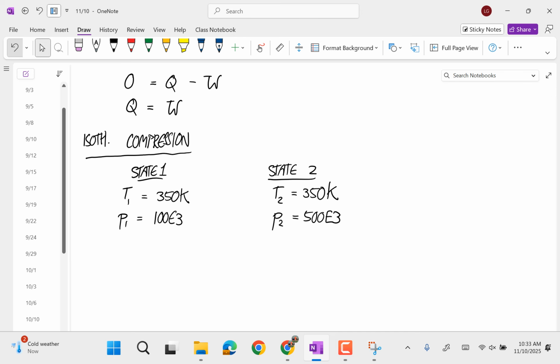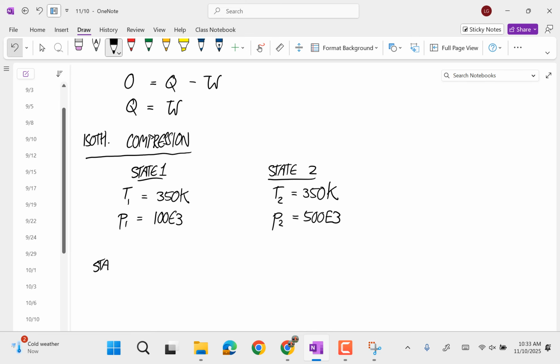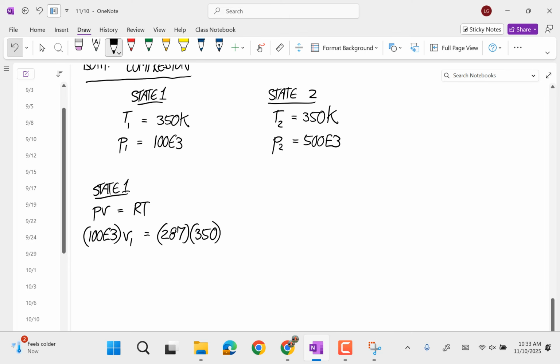So at state 1, we're going to use PV equals RT. So 100 times 10 to the third times V1 is equal to 287 times 350. Can someone give me that V1?